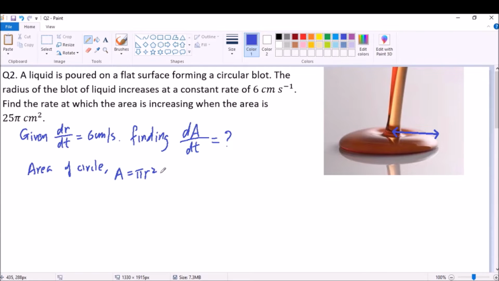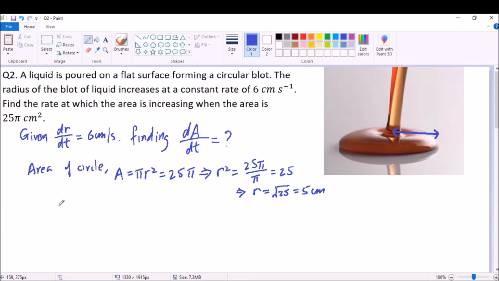Now we are given the area of the circle being 25 pi, which means that r squared equals 25 pi over pi, which is 25. And so we have radius r equals square root of 25, being 5 cm.